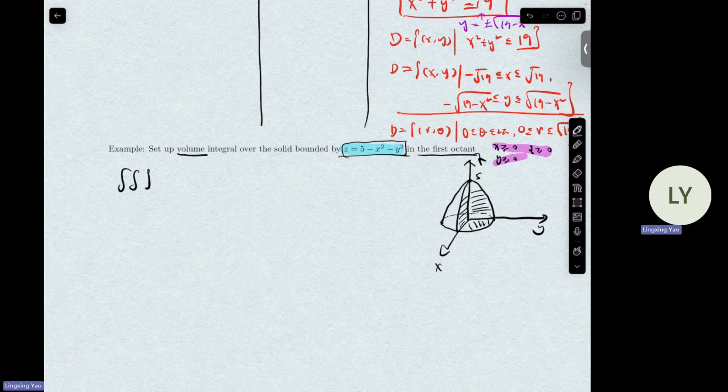That means we need to do this triple integral of the constant 1 over this volume E, which is in the shaded region and below this paraboloid. And if you think of it, what is the projection of this solid on the xy plane?